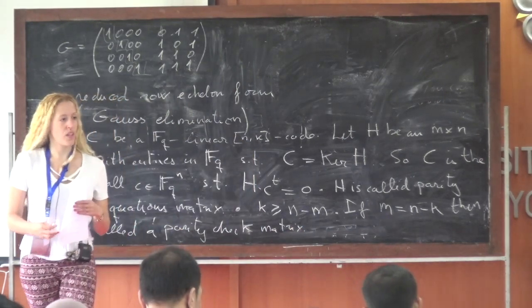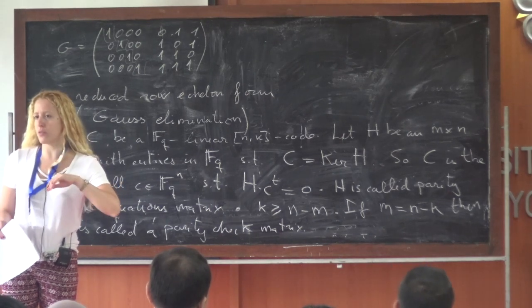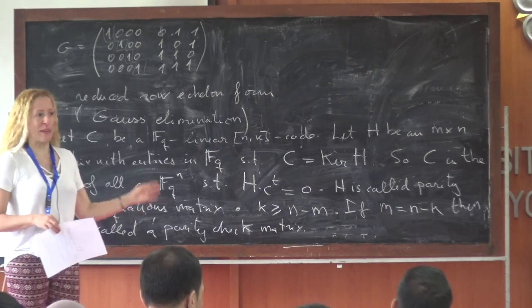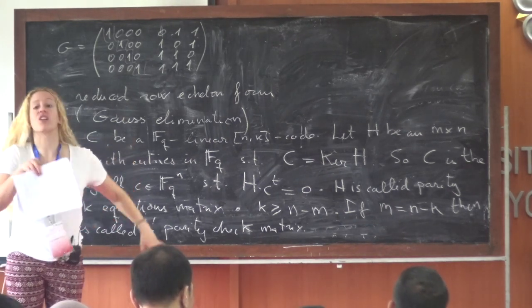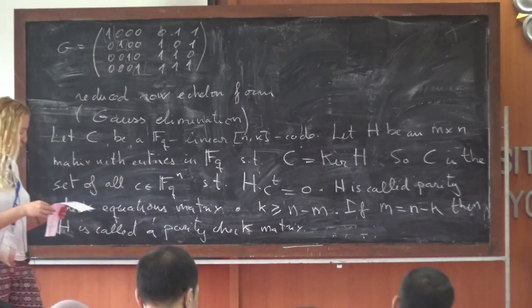Okay? So basically, you are just taking the equations that you need for defining your vector subspace. Okay? Again, this matrix is not unique. It depends. You can get a different combination of the equations and still get a parity check matrix.